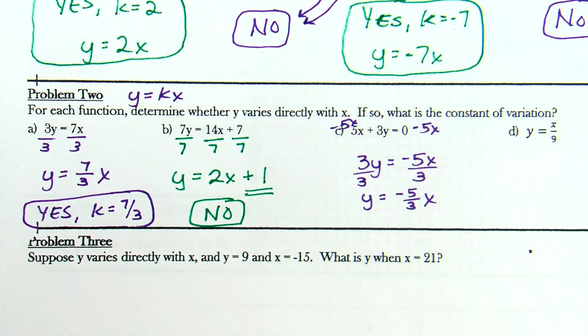Does that fit my form? It does, doesn't it? Since that fits my form, y equals kx, I'm going to say yes. And then what? If it's y equals kx, k is negative 5/3.